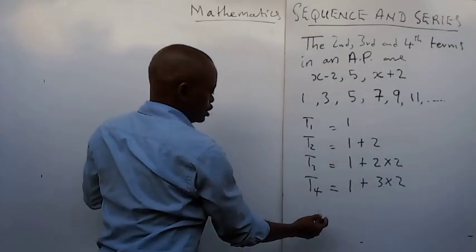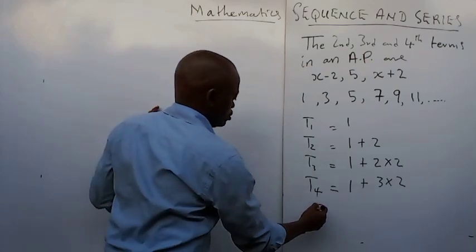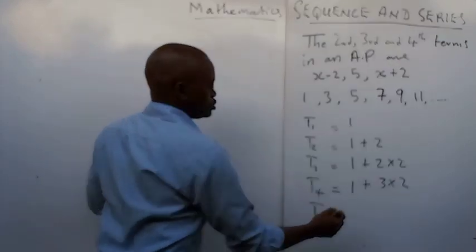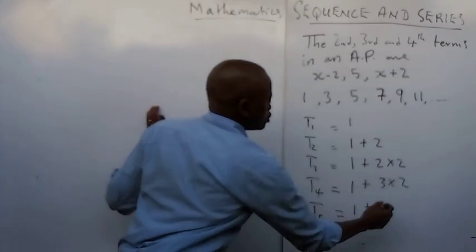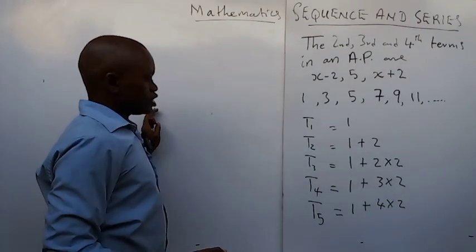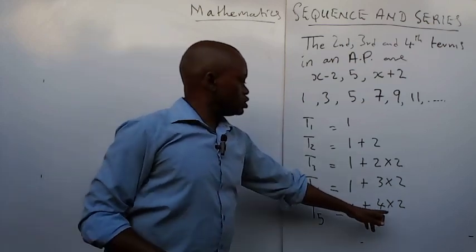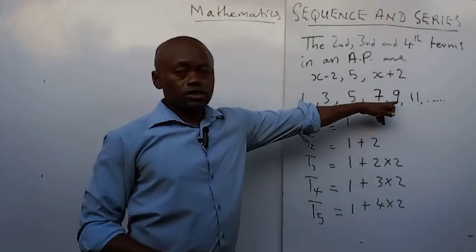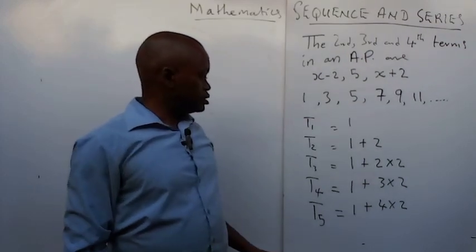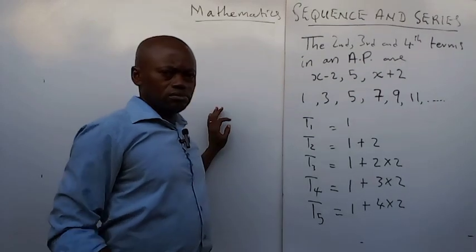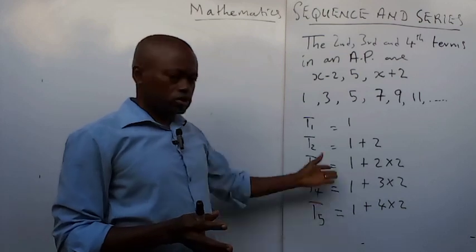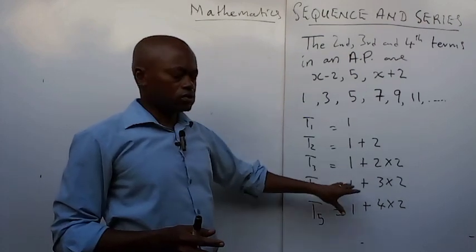What about term number 5? T5, that is what will be in number 5. Can I also say it is 1 plus 4 times 2? 4 times 2 is 8, plus 1. Is it not 9? It's 9. So if that is the case, am I bringing a kind of generalization? Can you picture something in this situation?